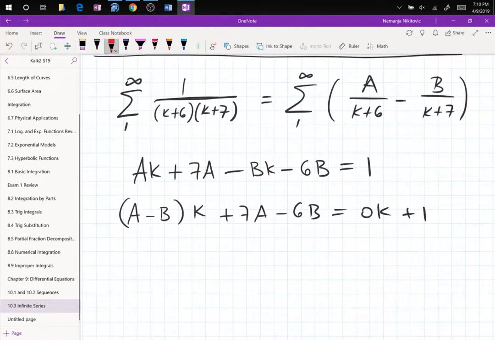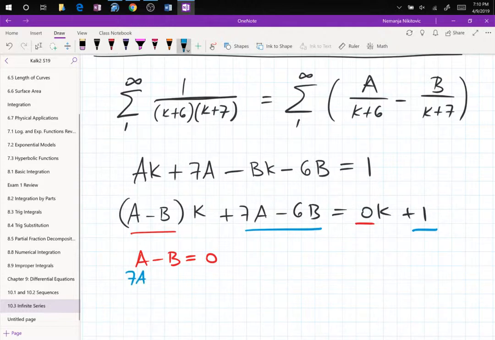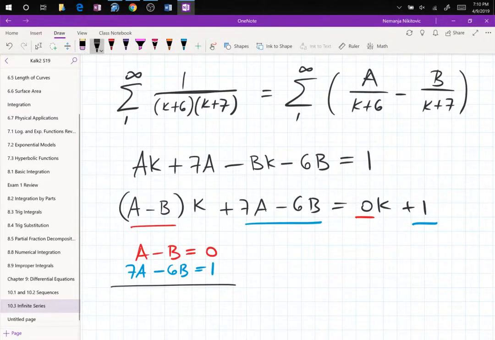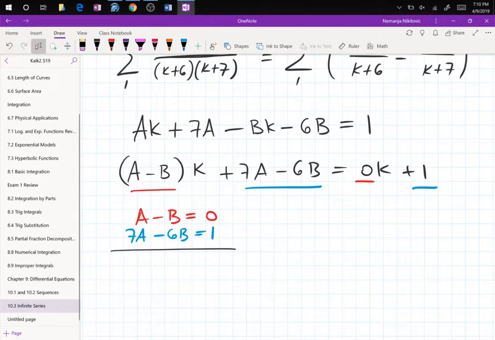So I am matching red with red and blue with blue. My red equation is a minus b equals 0. And this one is 7a minus 6b equals 1. Excellent. Now, whatever witchcraft you can pull off on this one: substitution, elimination, guessing, essential oils.